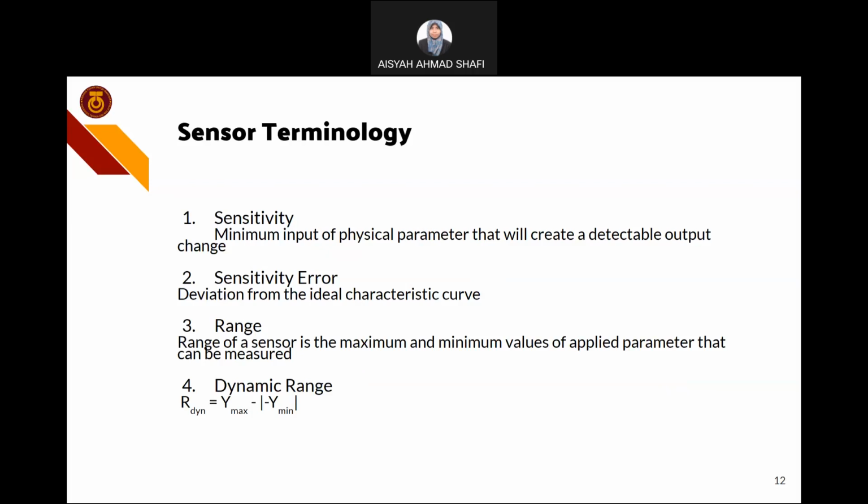And range is the range of the maximum and minimum value of the applied parameter that can be measured. And dynamic range means we have the interval of the minimum value.